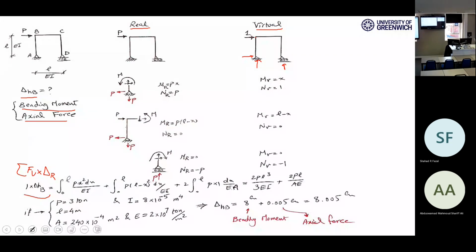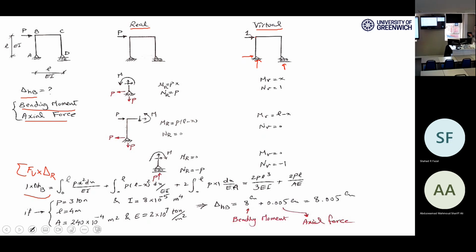Okay? But for the support reactions, they will be 0, because if I put this one times the real deformation of this point in the horizontal direction, it's 0. Right? The next one times this is 0. This one times this is 0.